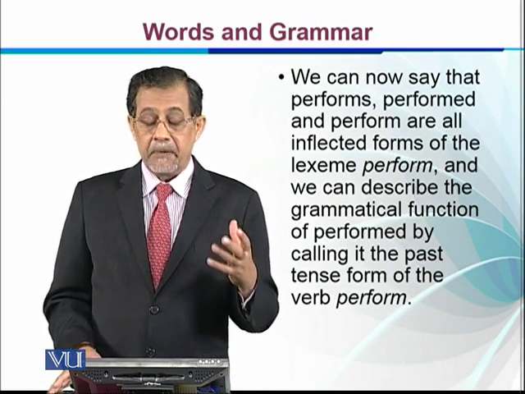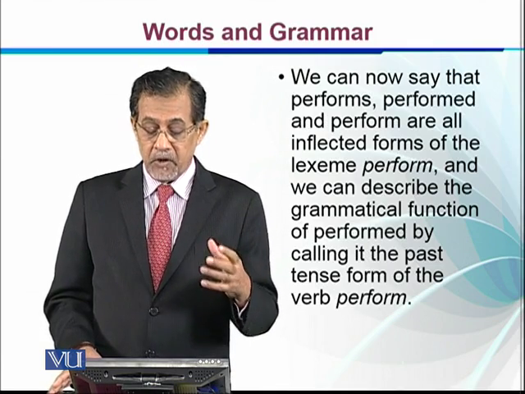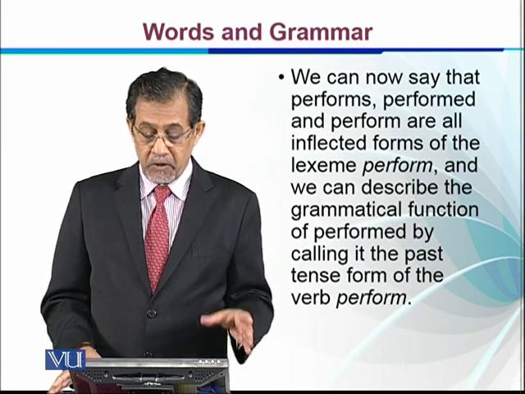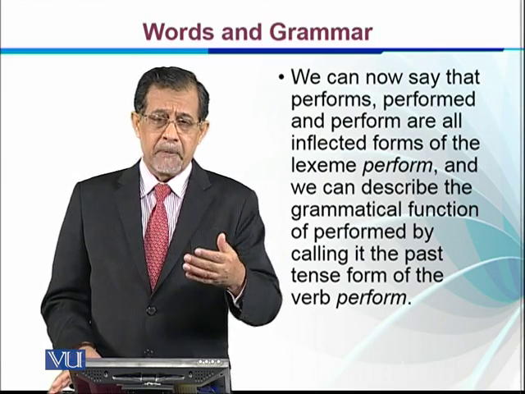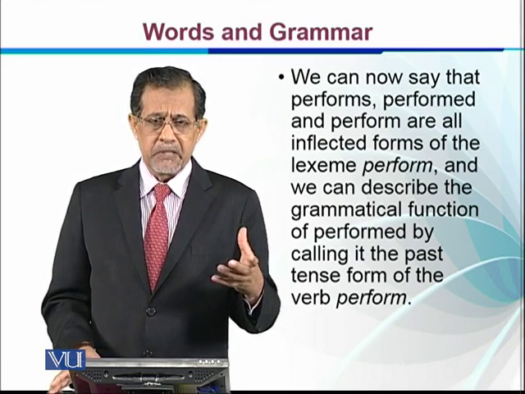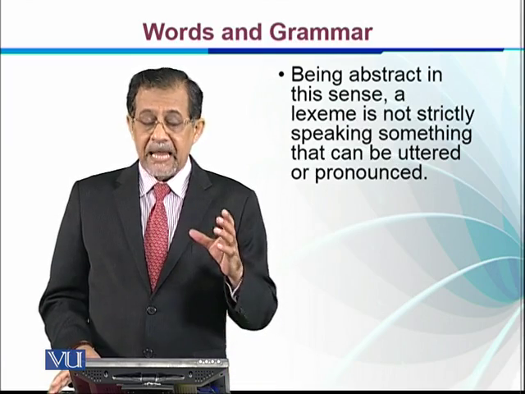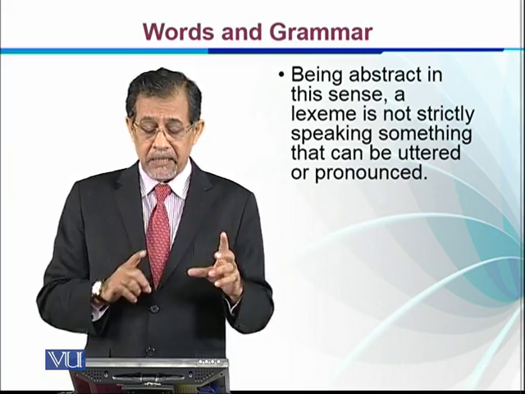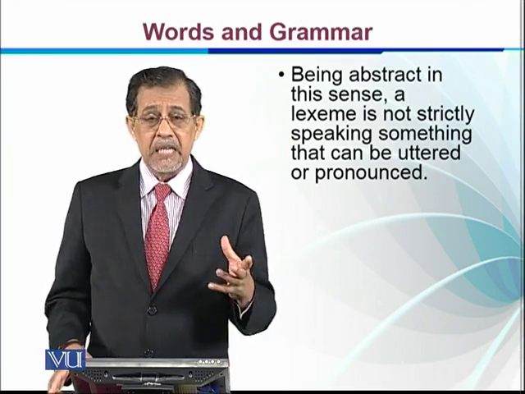We can now say that performs, performed, and perform are all the inflected forms of the lexeme perform, and we can describe the grammatical function of performed by calling it past tense, and the form performs by calling it present tense in the presence of a third person singular subject, etc. Being abstract in this sense, a lexeme is not strictly speaking something that can be uttered or pronounced.